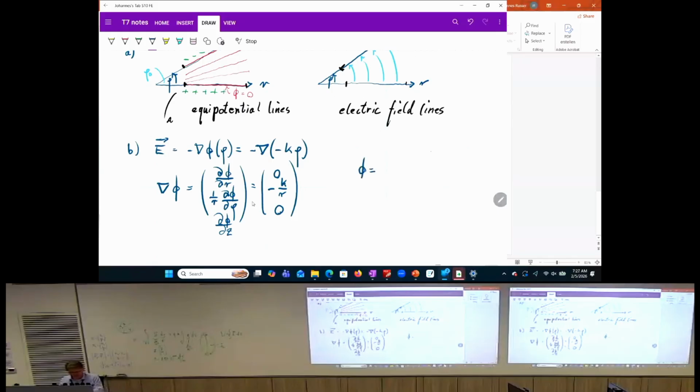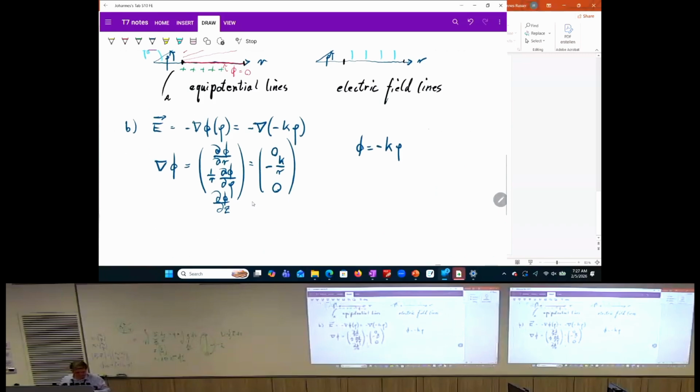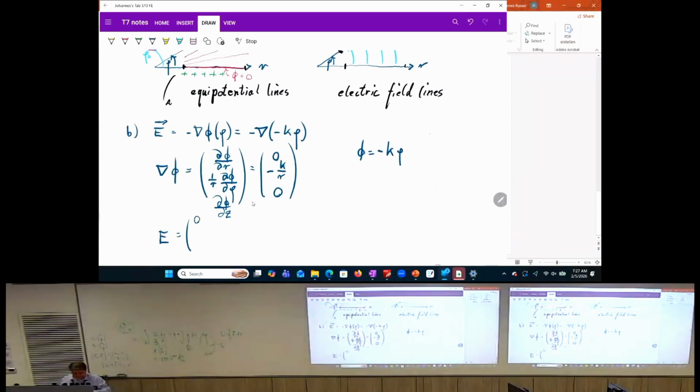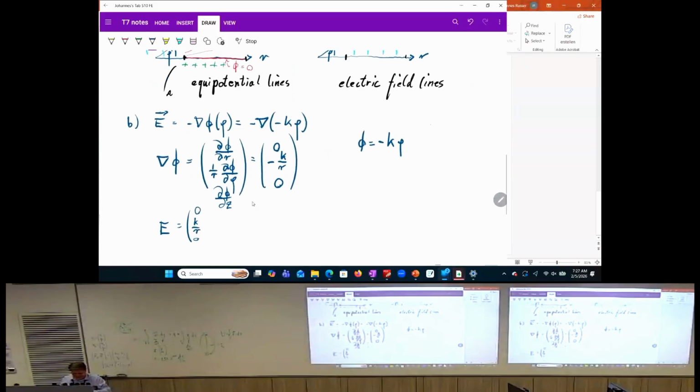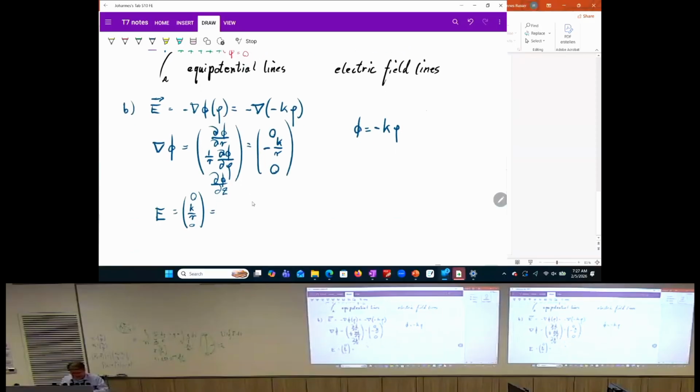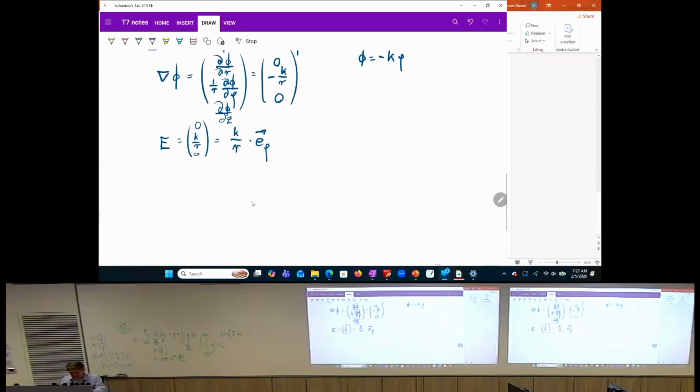Mind, this is minus k phi, that's the potential. So the electric field is now 0, k over r, 0. That means it only has an E phi component. It is k over r times e phi, and that is basically minus the gradient of phi.